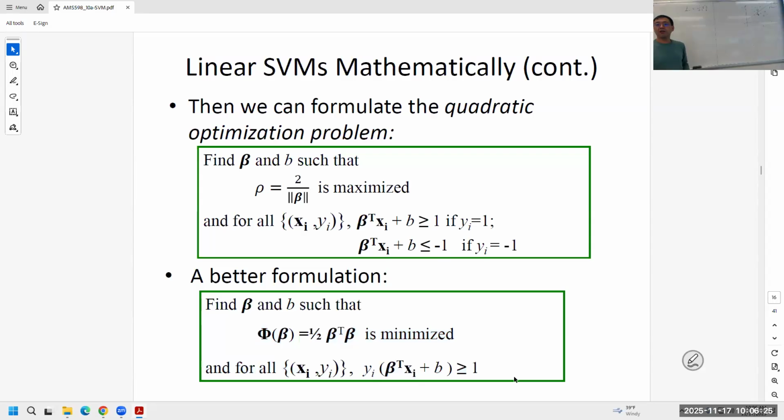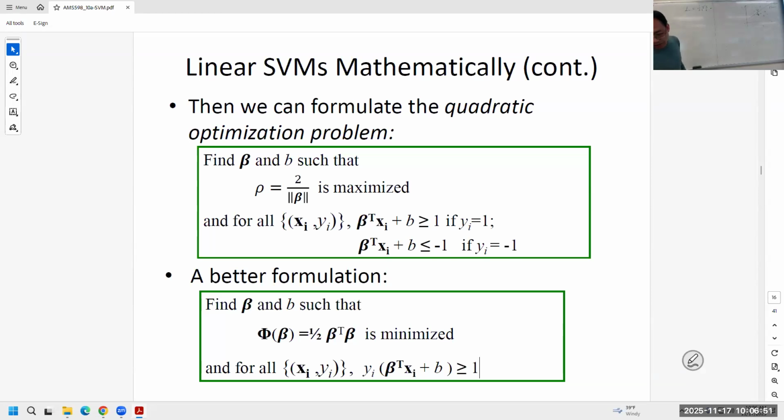N of them, right? For each data point, you have one inequality. Now, because remember when we defined our minimization problem, our inequality is less than or equal to, and because this is bigger than or equal to, I can use a minus sign.